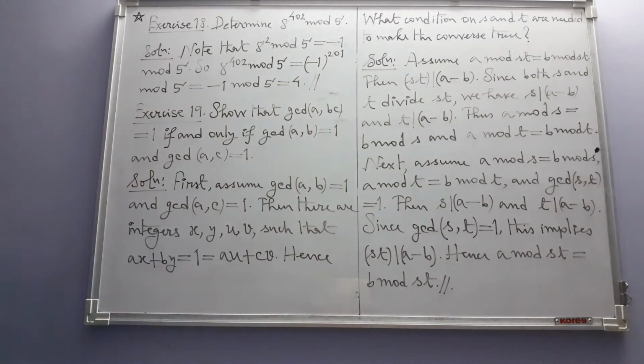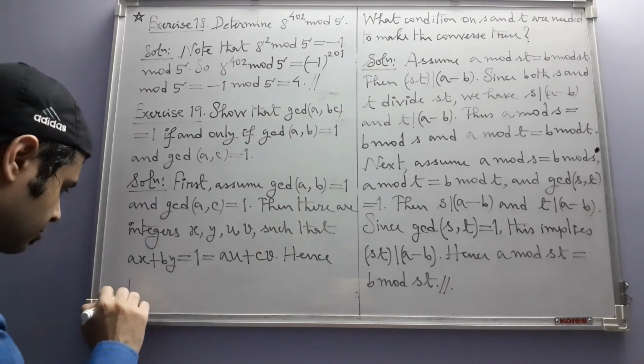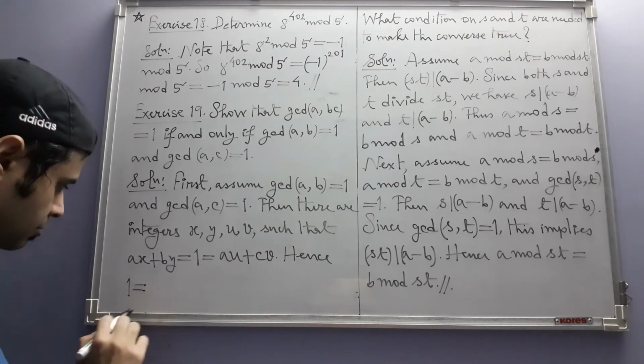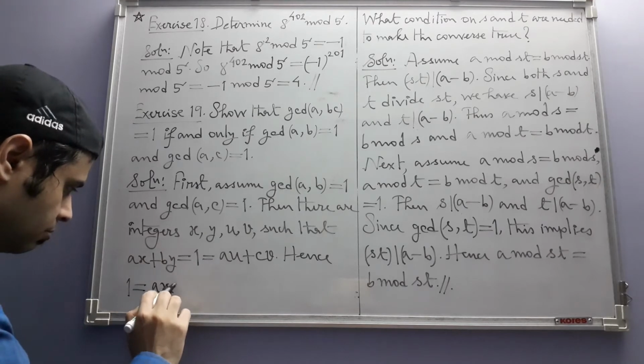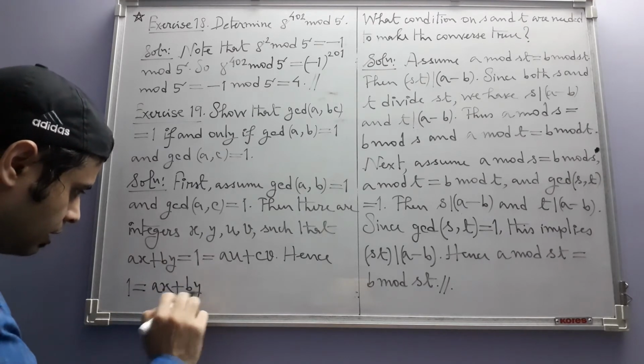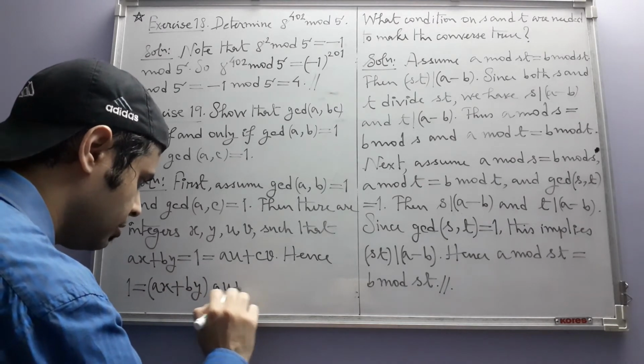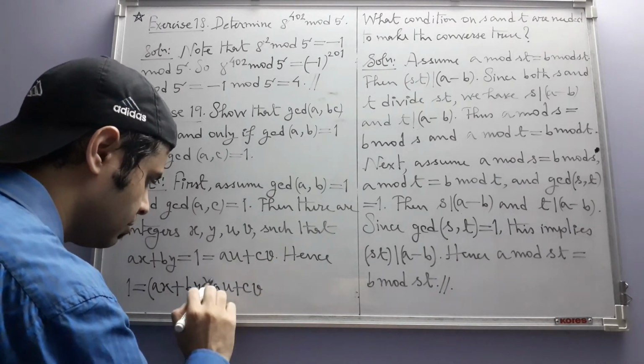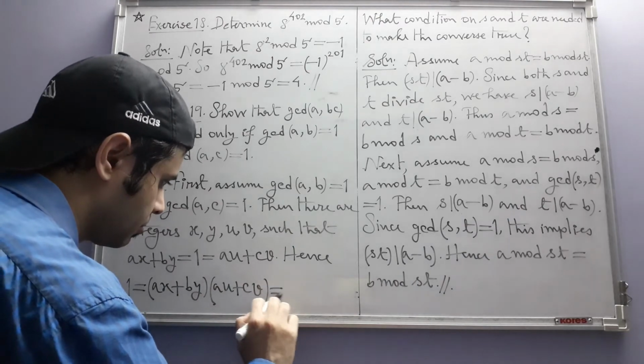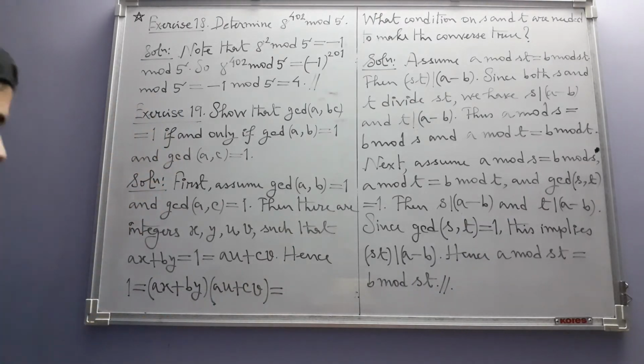Hence, now what we do, we multiply these two equations. One then is equal to (ax plus by) times (au plus cv). Multiply the terms out.